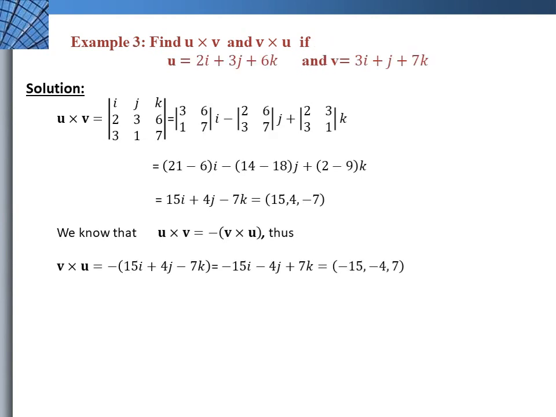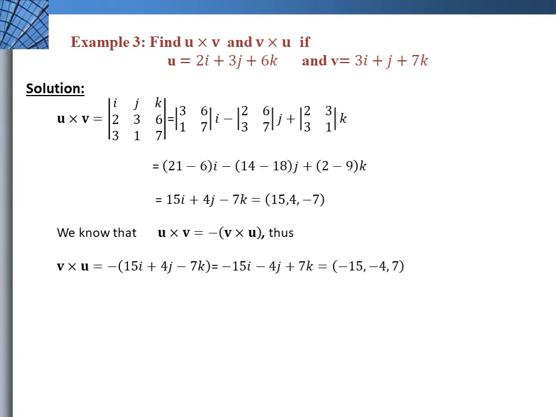Then example 3, it is same like our previous problems. What is U cross V and V cross U, if U equals 2i plus 3j plus 6k and V equals 3i plus j plus 7k? We know how to expand this: U cross V is equal to the determinant i, j, k, and the first row we take U, whose elements are 2, 3 and 6.